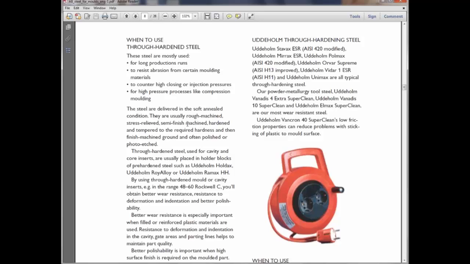When we are going for induction hardening, we put the whole die or core or cavity on two stands, and there could be a bend because we are heating it up to 900 to 1000 degrees.